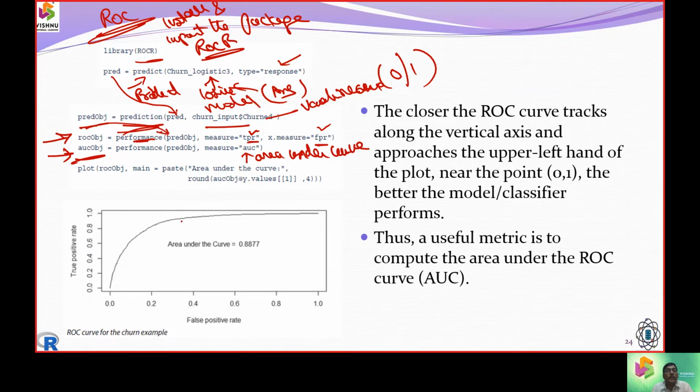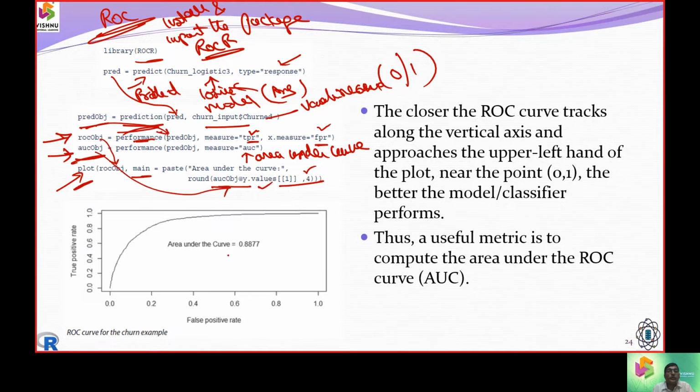Next, we call a plot function, in which we plot the ROC curve, and with main we display the title, and we display the AUC object.